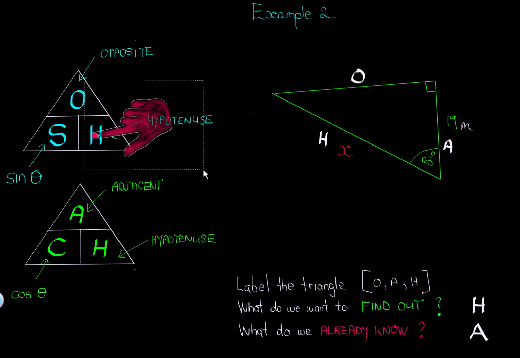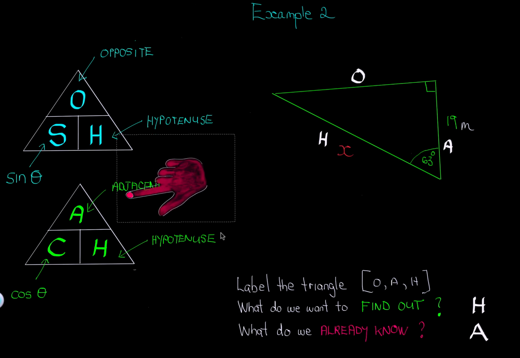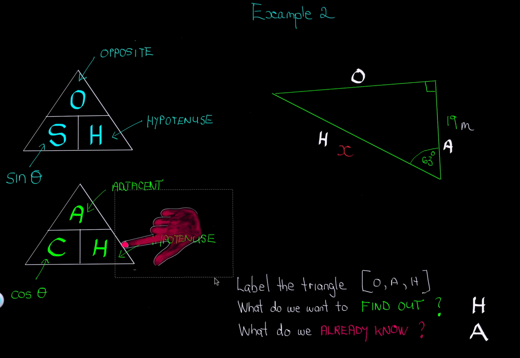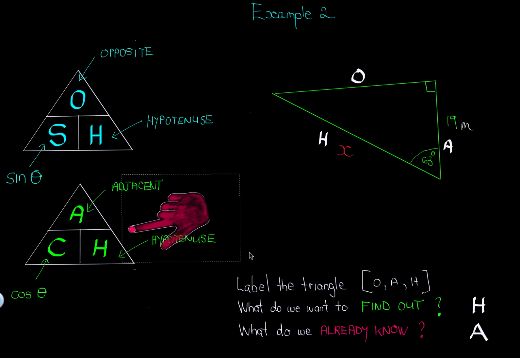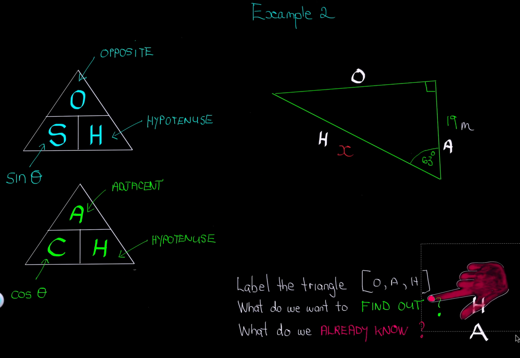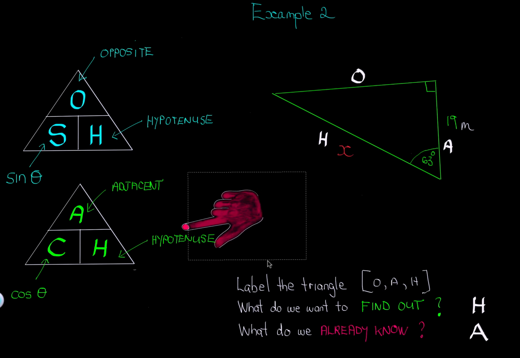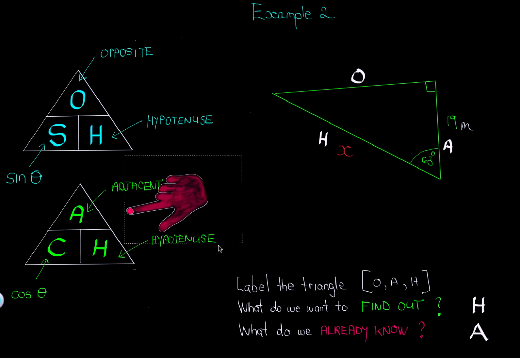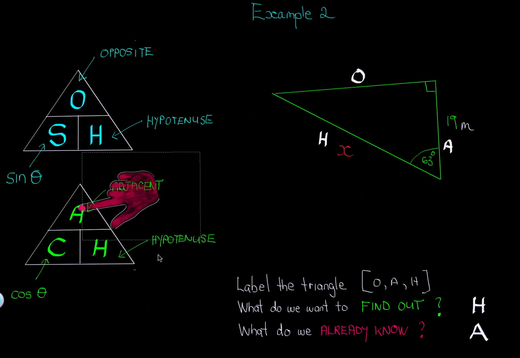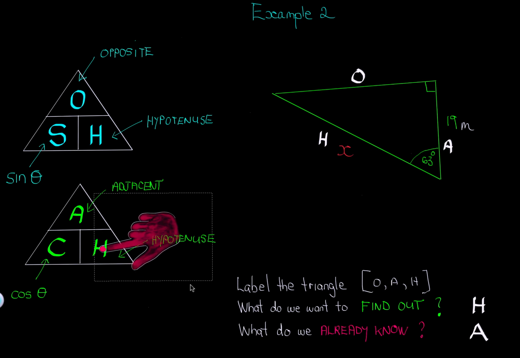We grab our hand and cover up what we're trying to find out. So we want to put the finger over what we're trying to find out. We're trying to find the H. Now we're using this triangle here, so we cover up the H. There we go. So now we write our equation that we're going to use to solve it.